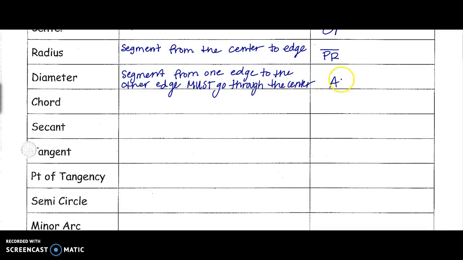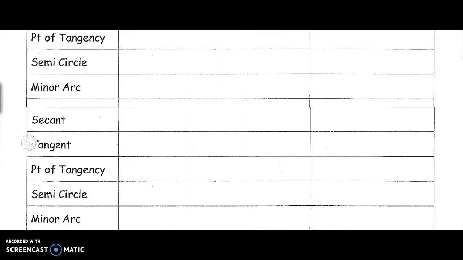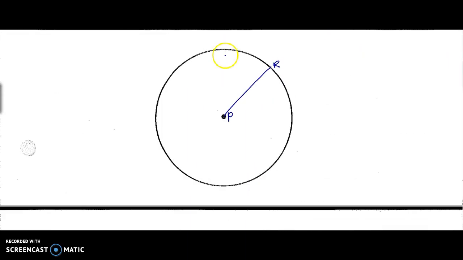Okay, we're going to name our diameter AB, again with the segment symbol over it. So the diameter goes from one edge through the center, one edge through the center to the other edge. Okay, so it touches one edge to the other. The diameter is actually special as well because it is the only line that will cut that circle directly in half. So any diameter you see, it will cut it in half.